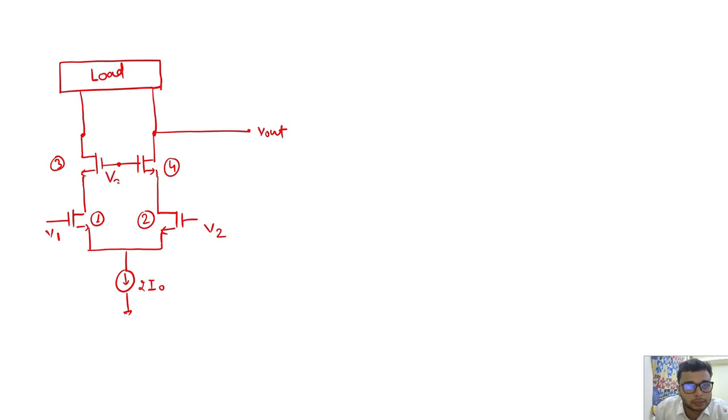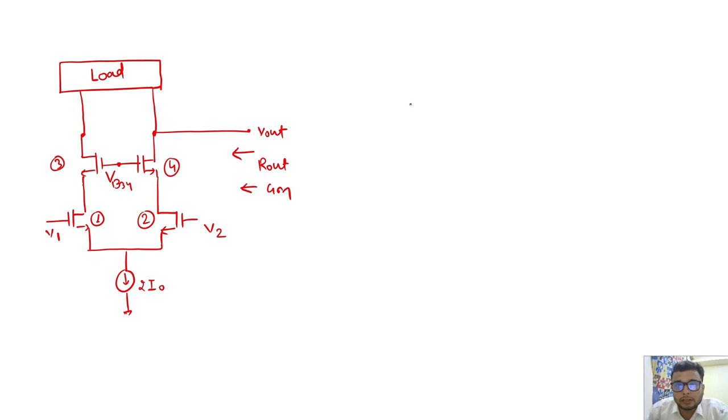So this can be considered bias voltage of 3, 4, which is given some external bias. I am not concerned about that. So now the point is, what will be the gain of this block? As I told you, for any particular block we will calculate the R out, and then we will calculate the GM of the block.